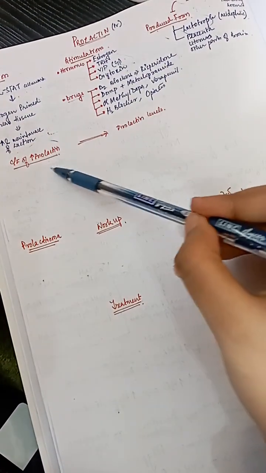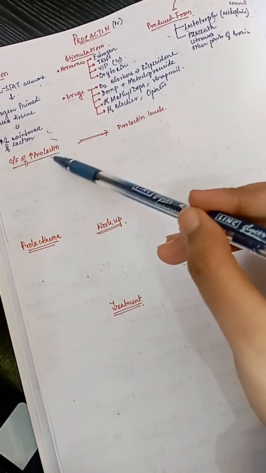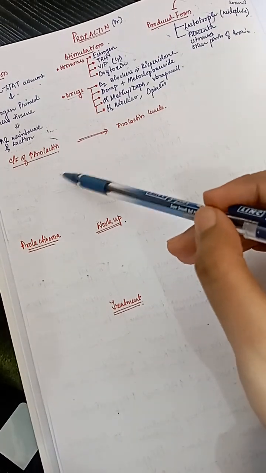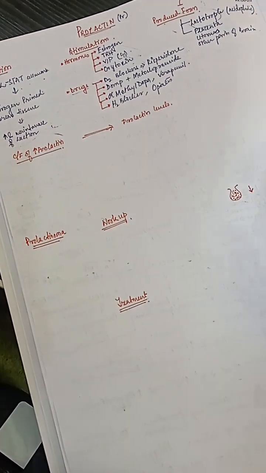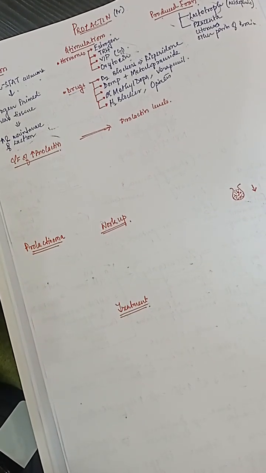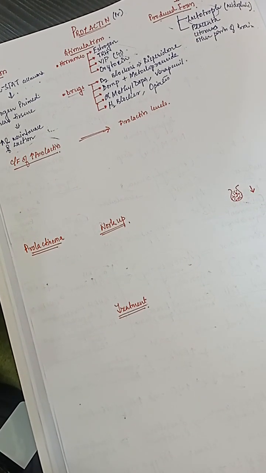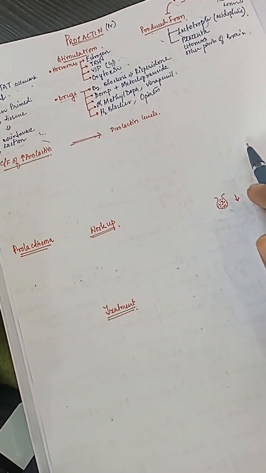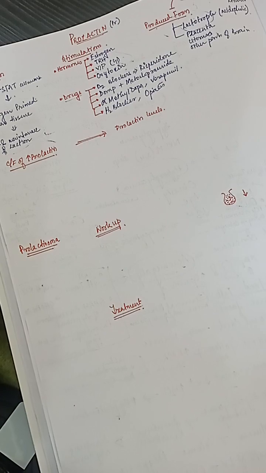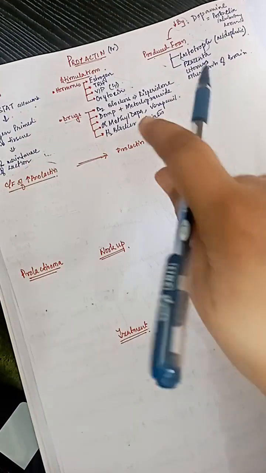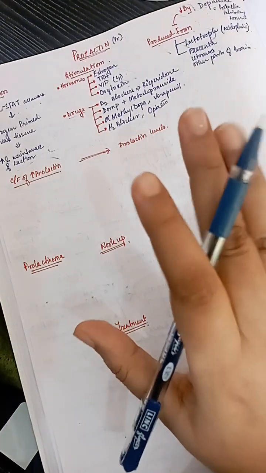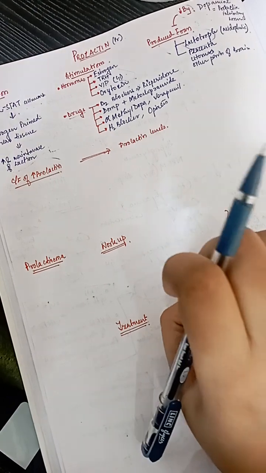So with increased prolactin, the features are going to be galactorrhea and lactational amenorrhea. In case of males, it is going to cause erectile dysfunction and loss of libido. And in case of male and female both, it is going to cause osteoporosis and insulin resistance.